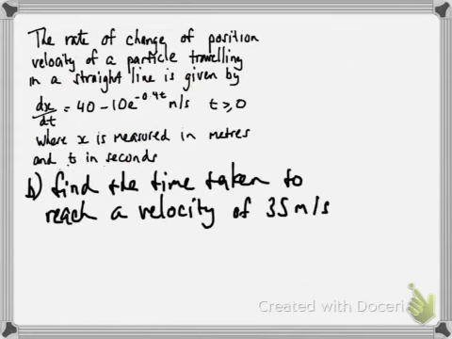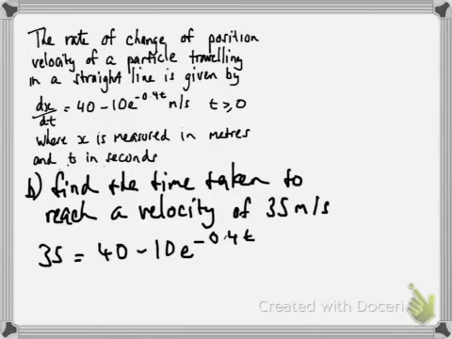Okay, question B. Find the time taken for the velocity to be 35 metres per second. So we've got our velocity: 35 equals our equation for velocity, like so. Now we can put that in the calculator as is, but you can progress a little bit further before we go to the calculator.